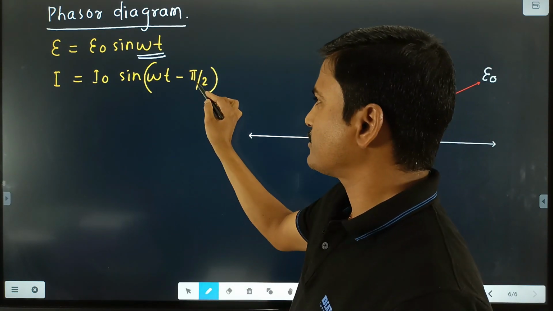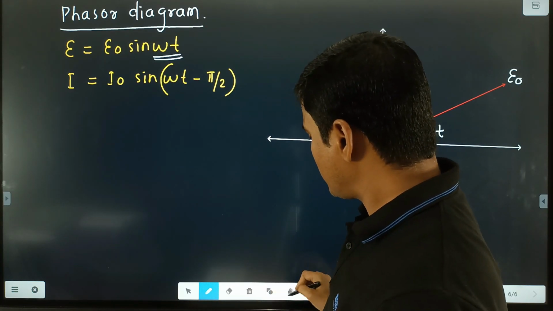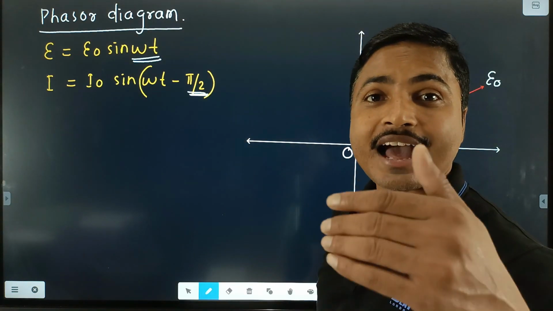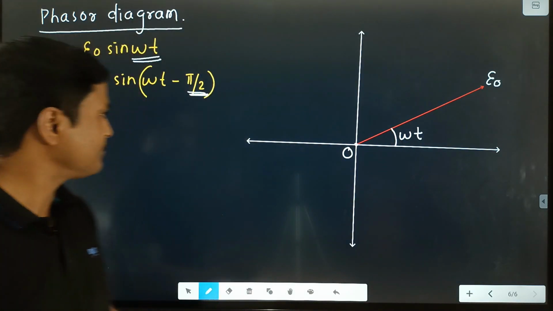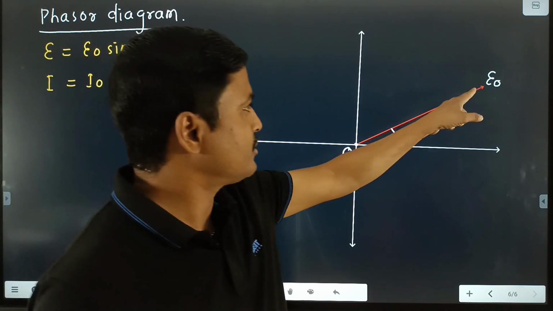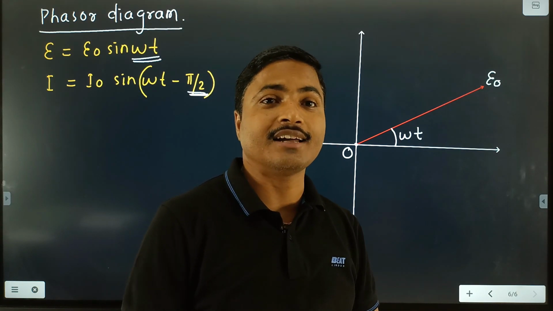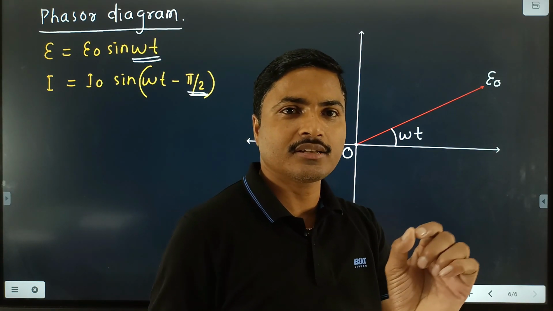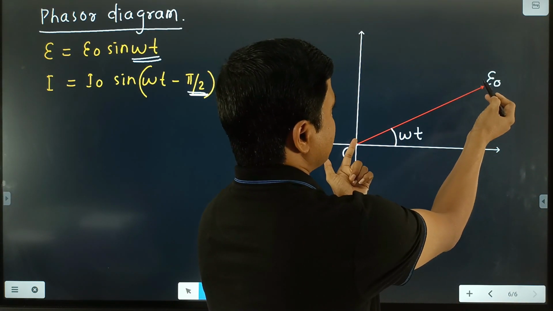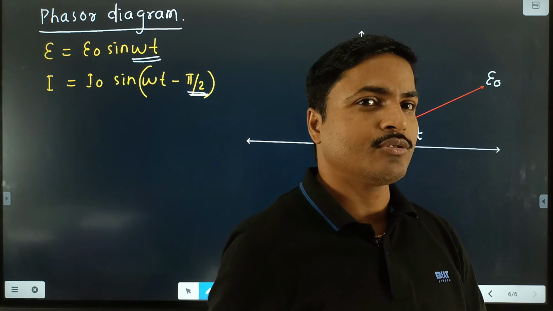In case of the current phasor, current lags behind by an angle of pi by 2. Lags behind means in clockwise direction, because the phasor is rotated in anti-clockwise direction with angular speed omega. Phasor means a rotating vector. If the rotating vector rotates in anti-clockwise direction with angular speed omega, that is known as a phasor.